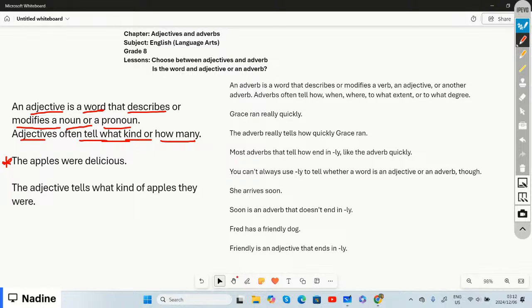If we were to look at that specific sentence, then we need to ask ourselves, is the adjective telling us what kind of apple it is, or is the adjective telling us how many apples there are?